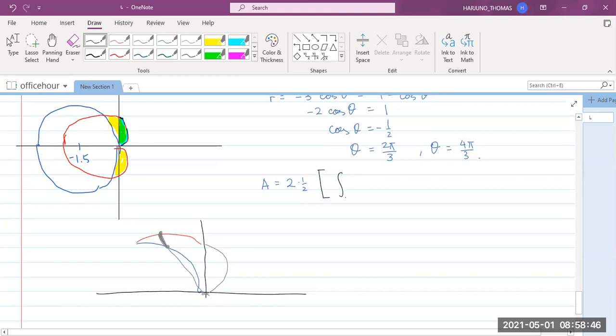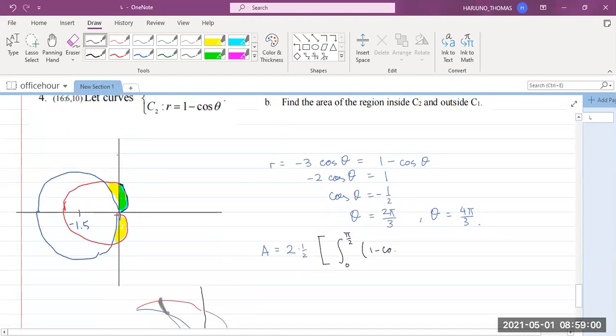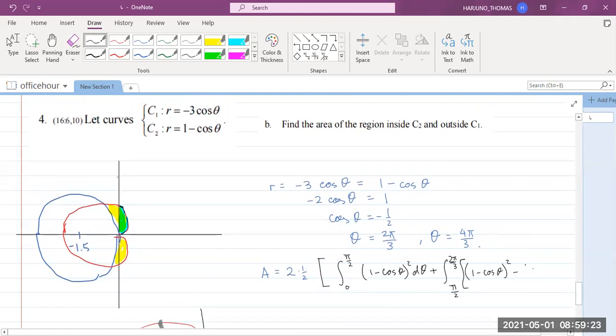The first one, in quadrant one, from 0 to pi over 2, only the red one, which is 1 minus cosine theta squared d theta, plus then in quadrant 2, from pi over 2 to 2 pi over 3, I need to subtract: 1 minus cosine theta squared minus negative 3 cosine theta squared d theta. That's the setup.